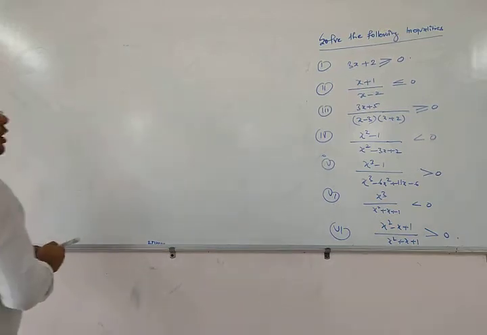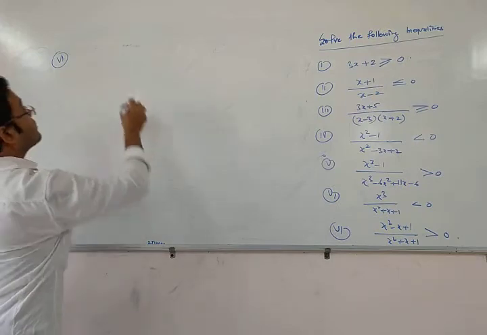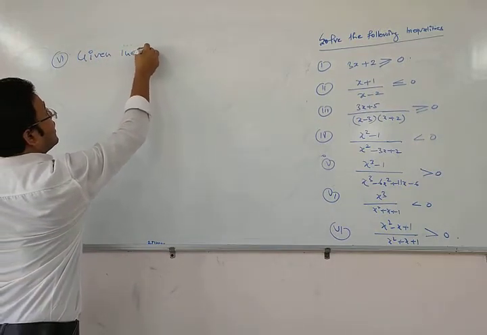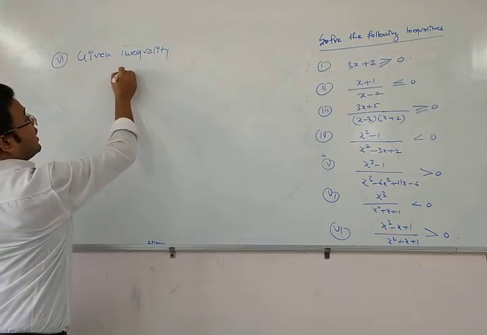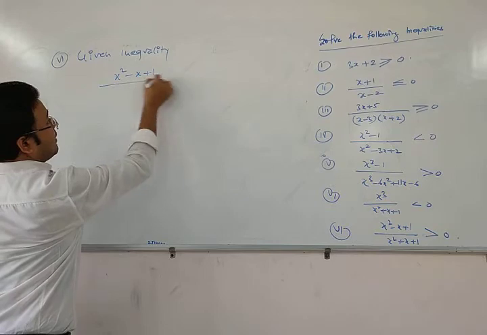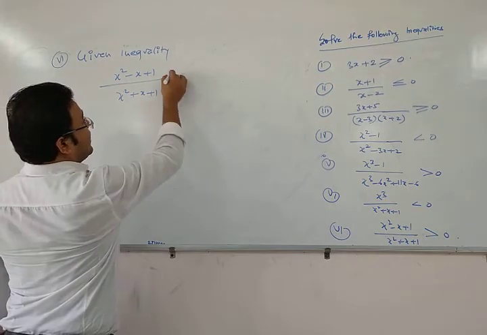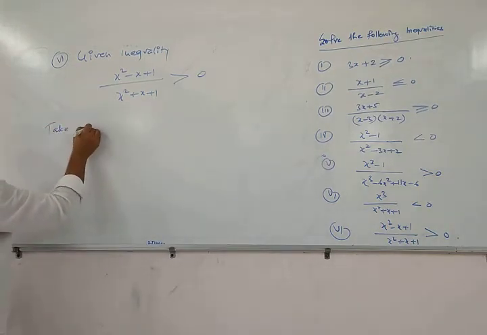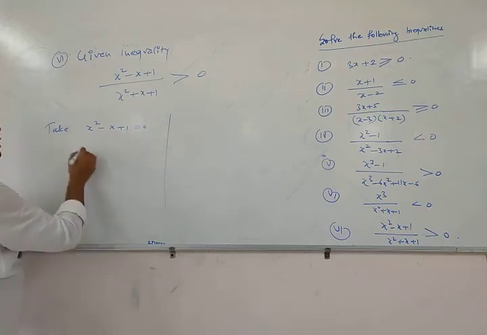Now I am going to solve the last number, 6th number. Given inequality x square minus x plus 1 upon x square plus x plus 1 greater than 0. Take x square minus x plus 1 is equal to 0.